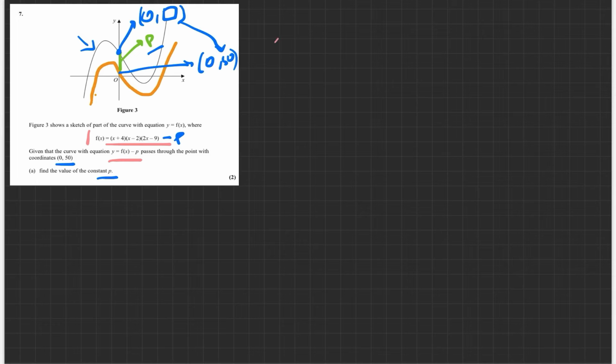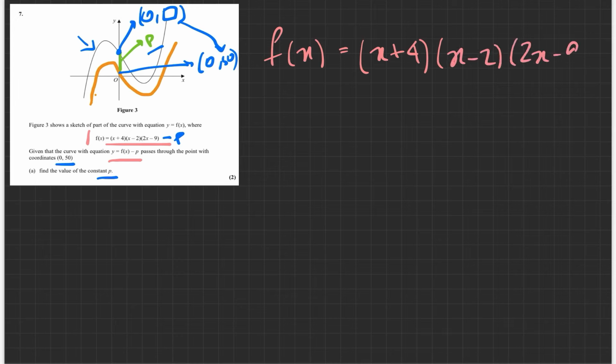So for us to know where this original equation intersects the y-axis, the y-axis is essentially where x is equal to 0. So we are just going to find y where x is equal to 0.